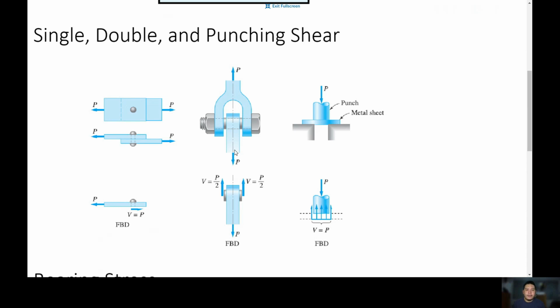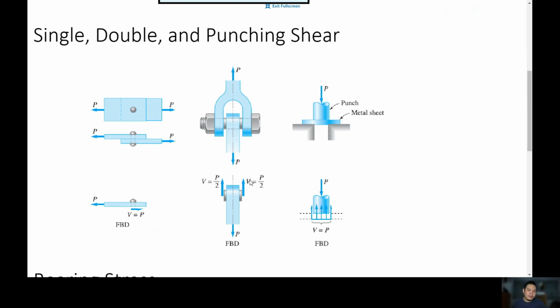So for double shear, all we need to do is just to divide our force P into 2. Why? Because it is already supported by two sides. So it is equivalent: P over 2 on this side and P over 2 on that side. Again, for double shear, always remember the principle of equilibrium.